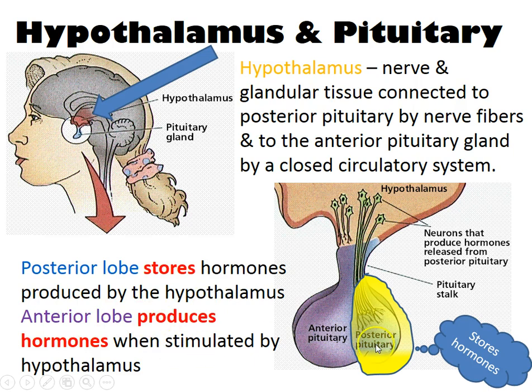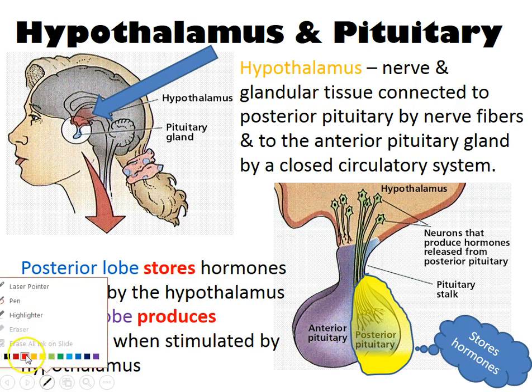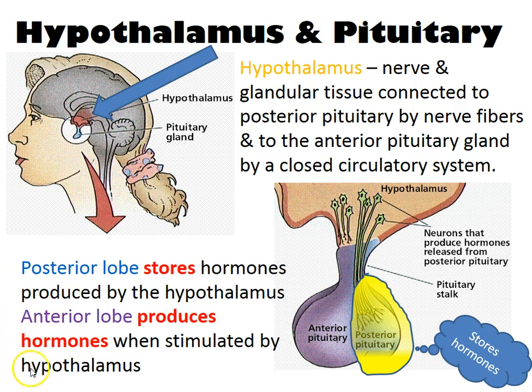So the way I talk to students to remember which does what, I think of it in terms of a car. The anterior, which is the front portion, I think of as the front of a car.